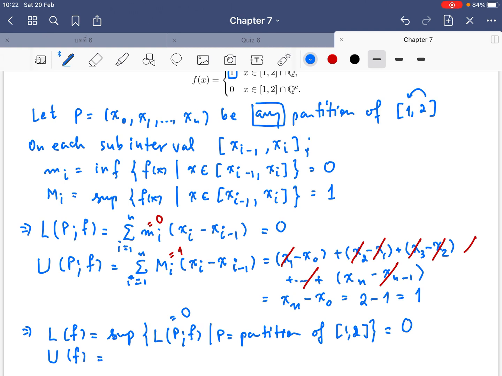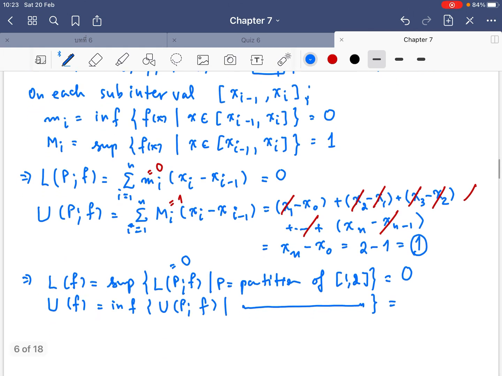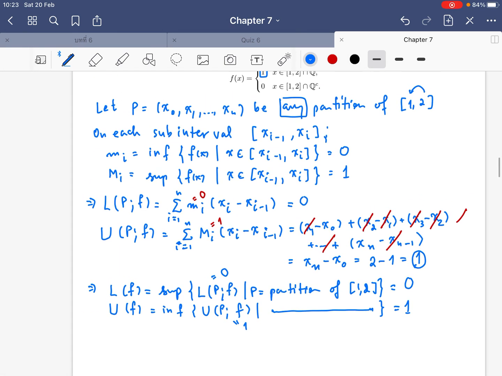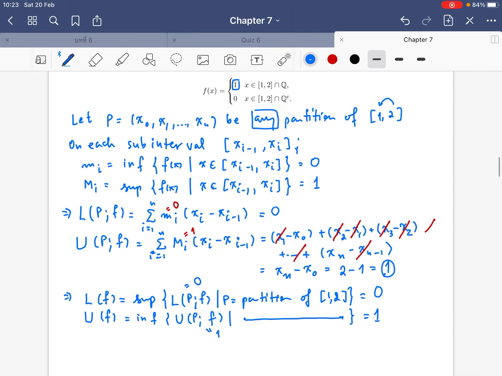The upper integral, on the other hand, is the infimum of the upper sums. Again, P is just a partition, however each and every one of them equals 1. So this is the infimum over a set of constants, so it is 1. So they are not the same.